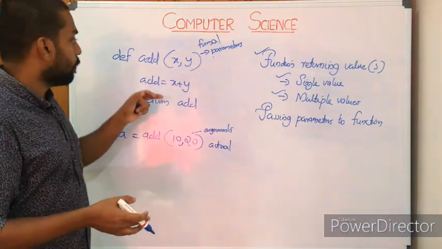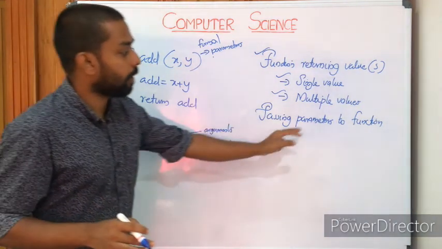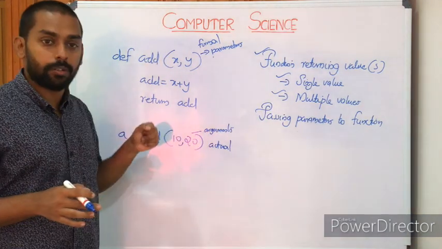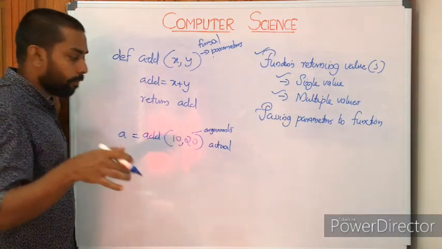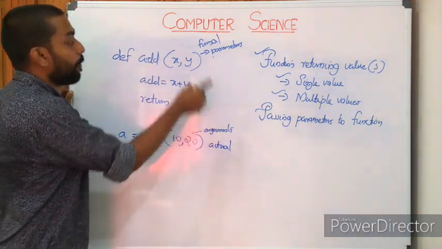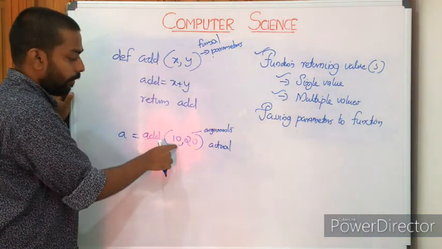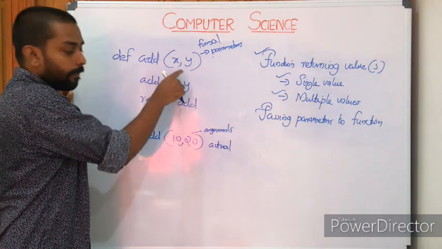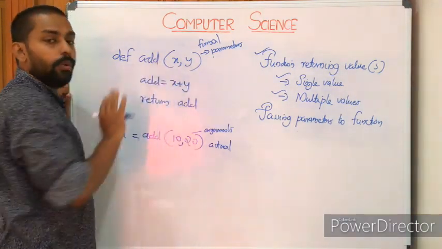So this is what passing parameters to a function is. We have already seen the working of passing parameters to a function in our previous programs. Here 10 and 20 are the actual parameters, and these two values will be passed to the formal parameters. 10, the first value, will be assigned to x, and the second value 20 will be assigned to y.